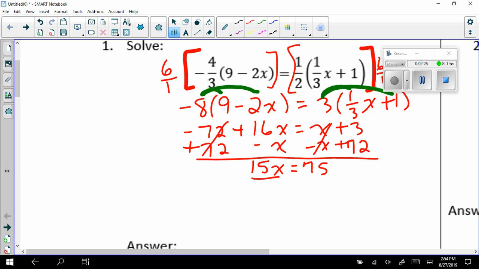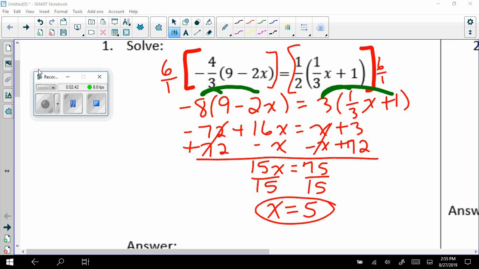Dividing both sides by 15, I get x equals 5. And that's my answer. Pause and rewatch if you need to. I'm going to move on to question 2.